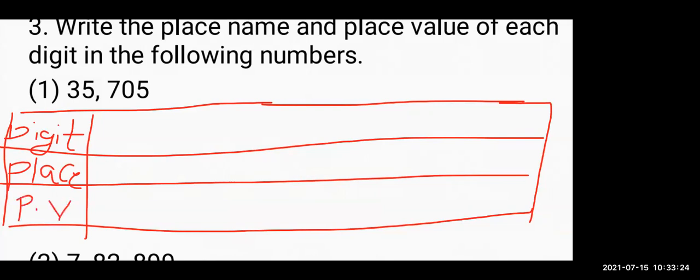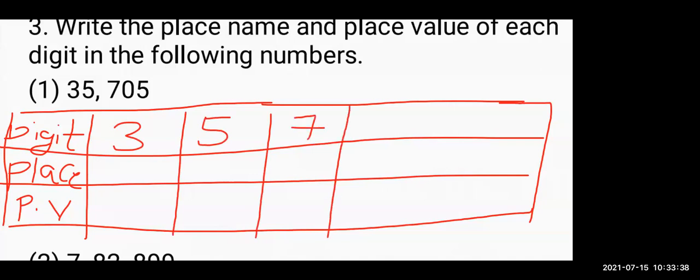You have to write the full form. Not PV, you will write the place value. Now, in digit I have to write the number, that is 3, 5, 7, 0, 5. Is it clear? Now, for each and every digit we will write the place. Now, 5's place is what?